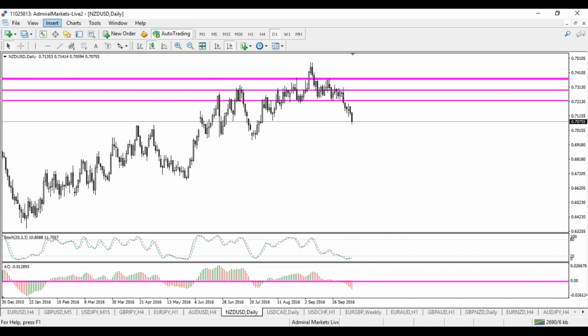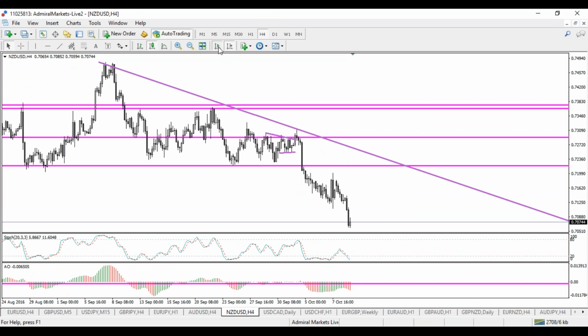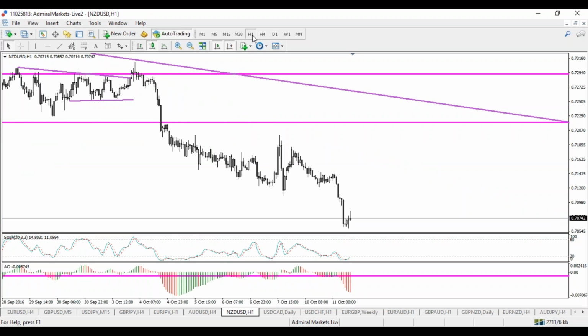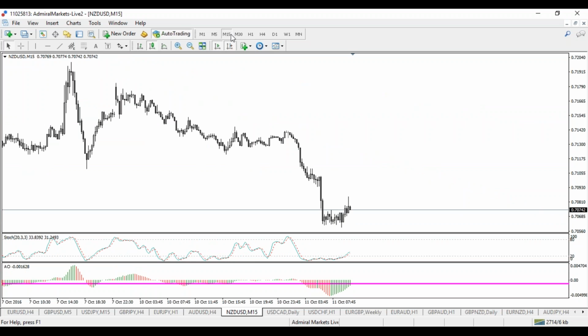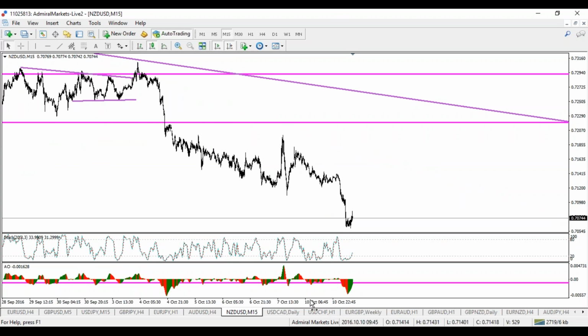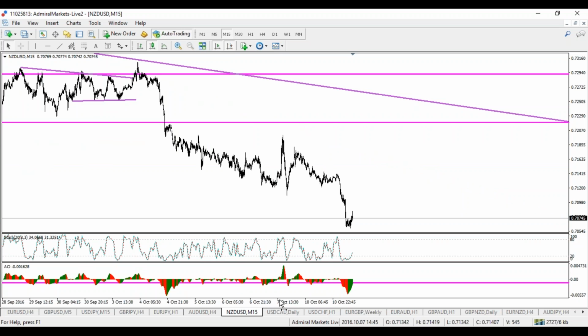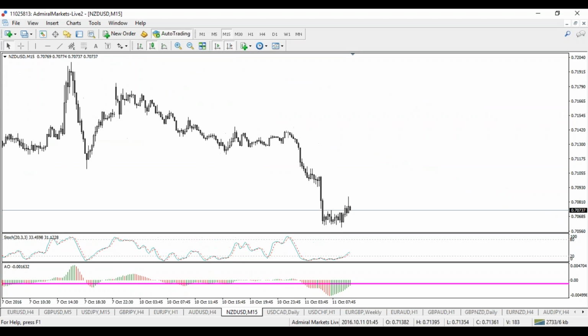And I'm just trying to see. Yeah, in my opinion, it's not really worth shorting right now. I think it's too late for that.